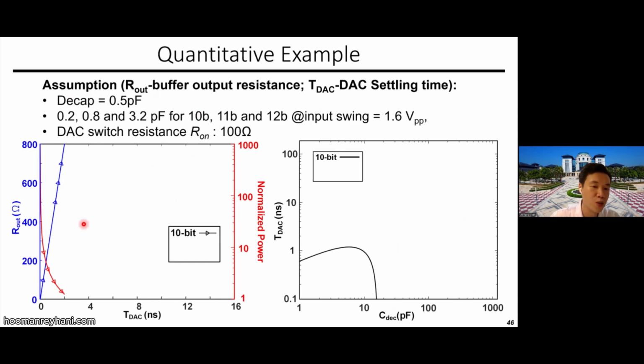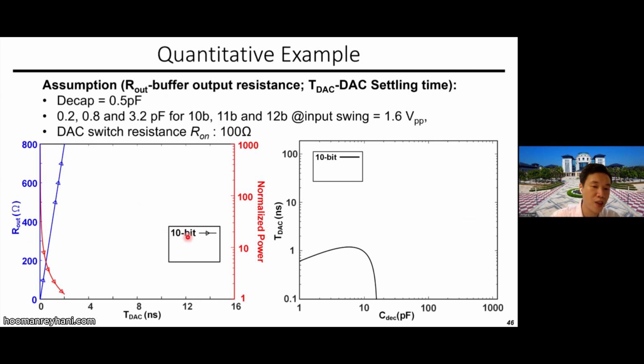All right. Then we sweep the output impedance of the reference buffer, and we sweep how much time we give for the DAC settling, and do a normalized power in terms of how much factor of the RR we have.